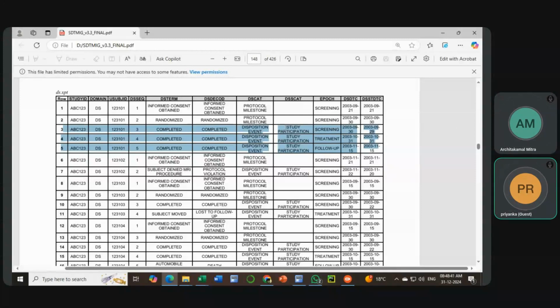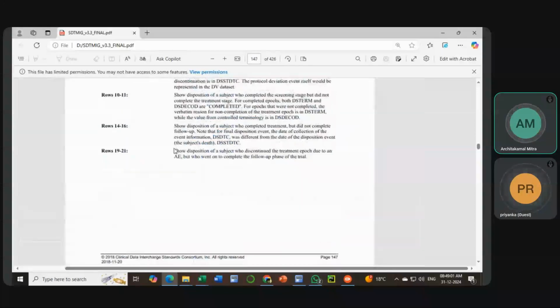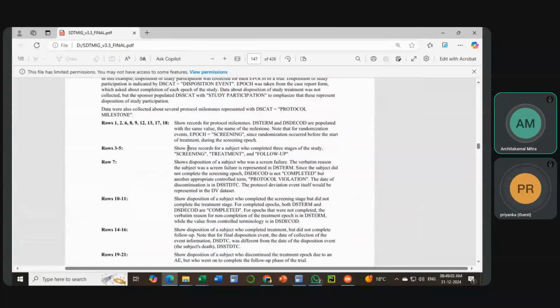Screening is the epoch, DSS cat is study participation, and the subcategory is disposition event, study participation, and it got completed. The patient completed the screening, the treatment, and the follow-up. That's why rows 3 to 5 show 3 records for a subject who completed 3 stages of the study.